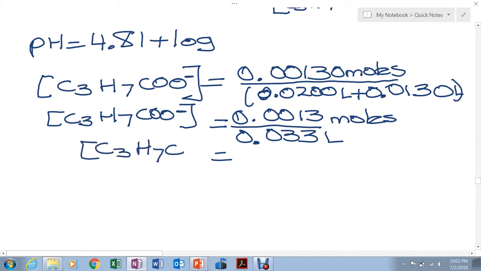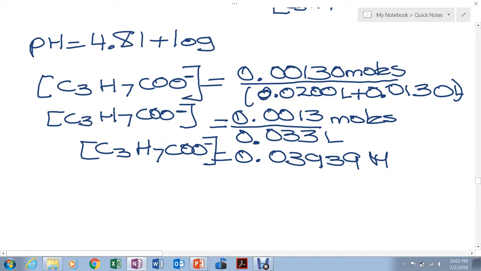That's it, CH3COO negative. So this is going to be 0.039 molar.